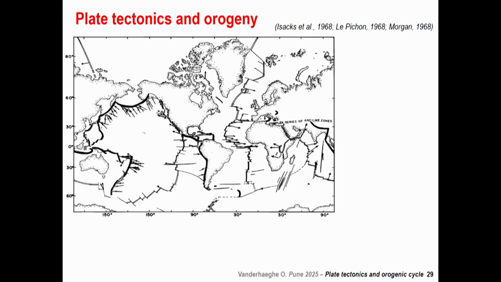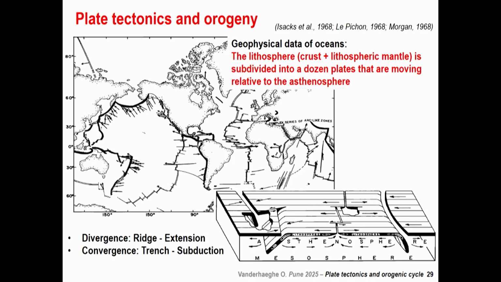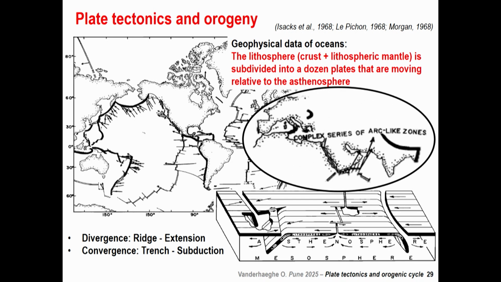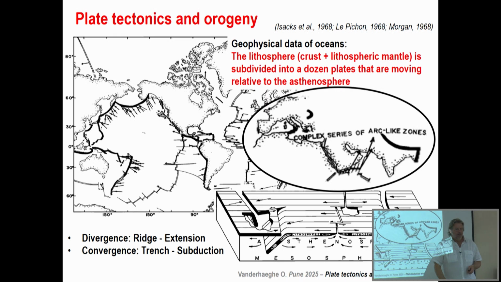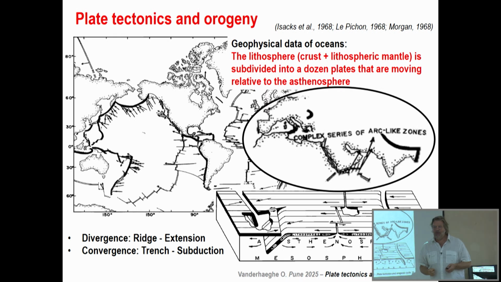And at the time, so I put that map again. Look here, I have to zoom a bit. Complex series of arc-like zones. What does that correspond to? That's the Alpine Himalayan belt. And how do the geophysicists describe it?